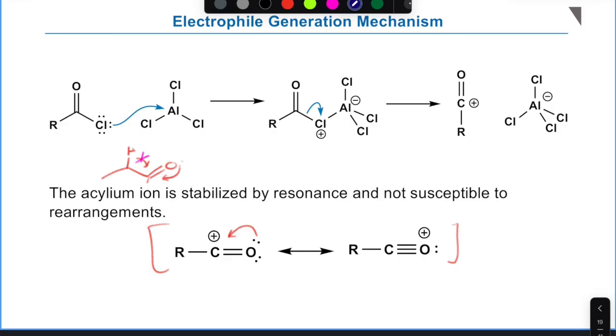What if you had a halide group on the side, and then now if you have that shift, the positive charge on the nitrogen is more stable than the oxygen? If you had a nitrogen like this, yeah, and there's also another halide on that carbon, so it's that halide shift.